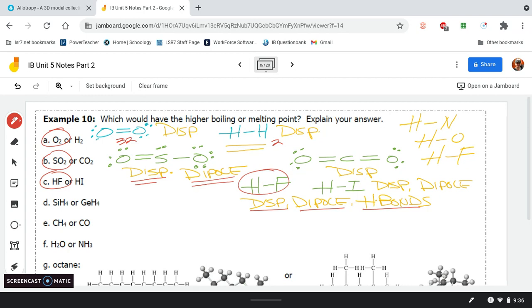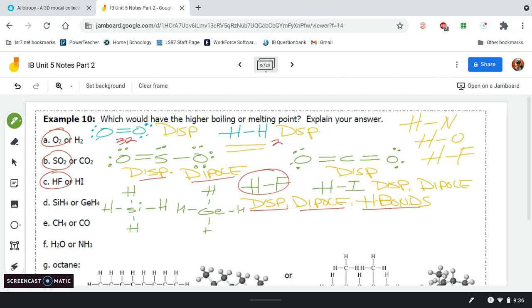Okay. SiH4 is going to look like this. Probably better different pen. There's my Si. So that's SiH4, and then the GeH4.